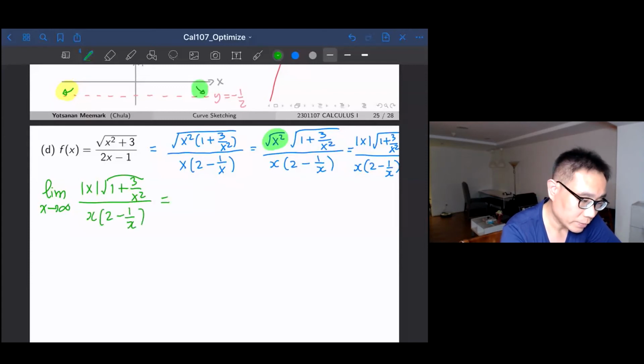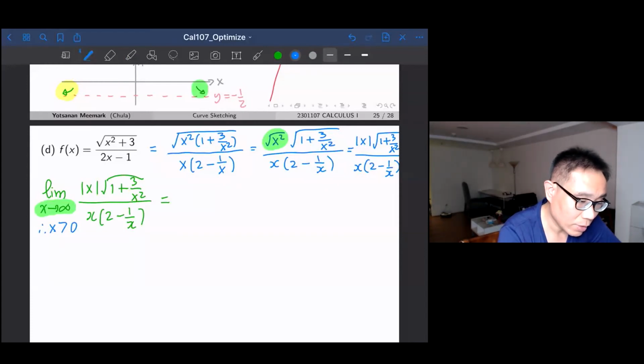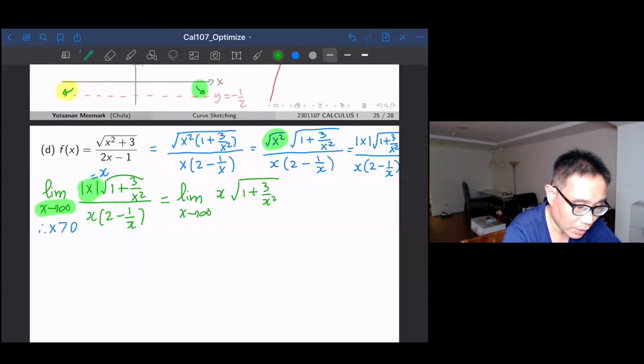Because x goes to infinity, you see that x is positive. So it's going to be x equal to 1 million, 2 million. So in this case, the absolute value of x turns out to be just x itself. So this will be the limit as x goes to infinity of x times the square root of 1 plus 3 over x squared over x times 2 minus 1 over x.